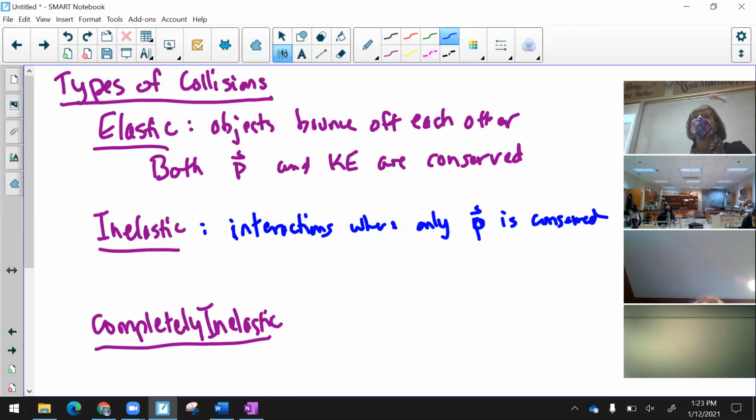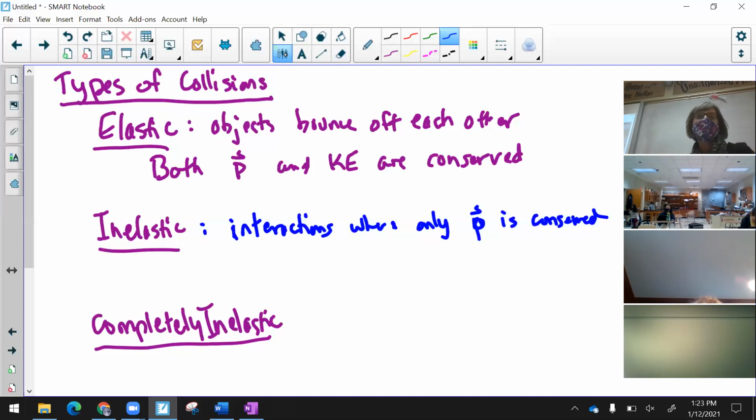There could also be energy that's lost to sound. So perhaps those pool balls bouncing off each other aren't exactly perfectly elastic collisions, because there's a sound, and there has to be some energy lost to make that clip.